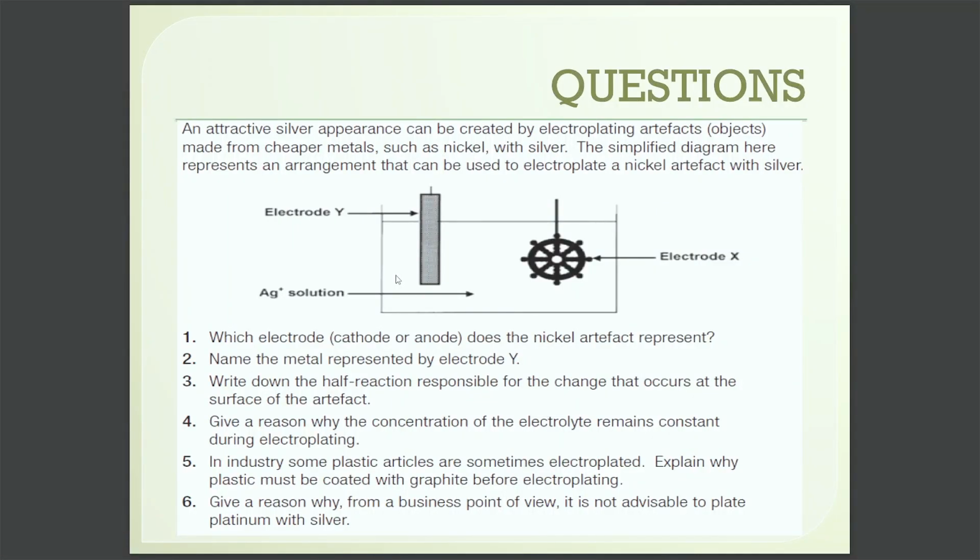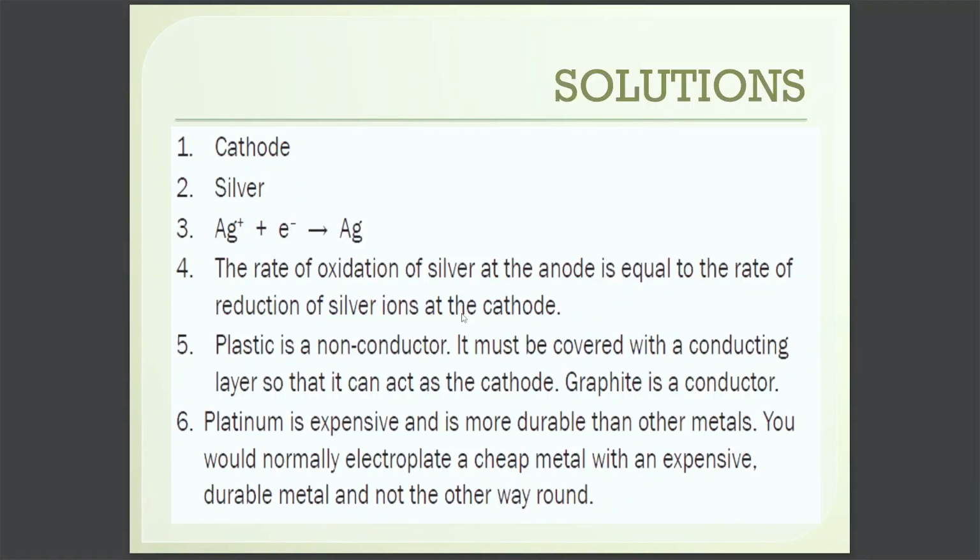The question says, give a reason why the concentration of the electrolyte remains constant during electroplating. This is different from a galvanic cell because we are saying the concentration of the electrolyte, which is the solution that conducts electricity, should remain constant during electroplating. Here's the reason: the rate of oxidation of silver at the anode should be equal to the rate of reduction of silver at the cathode side.